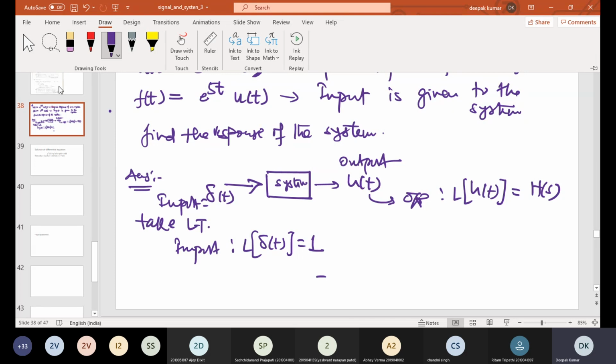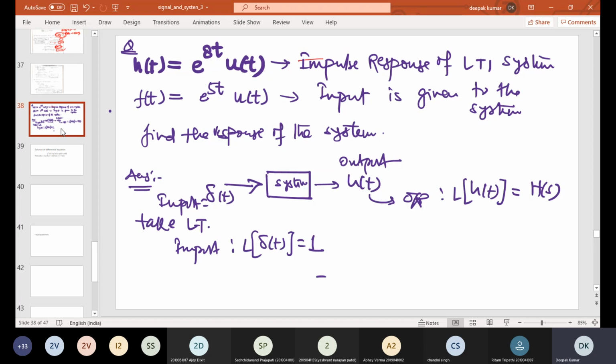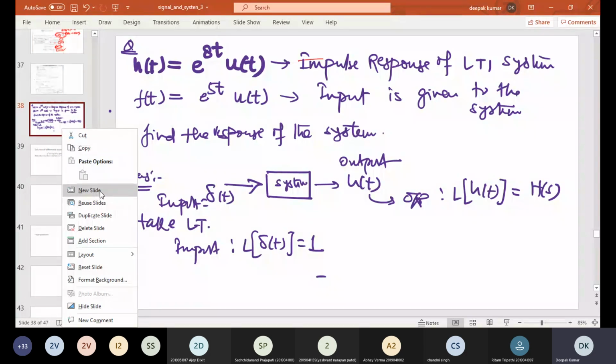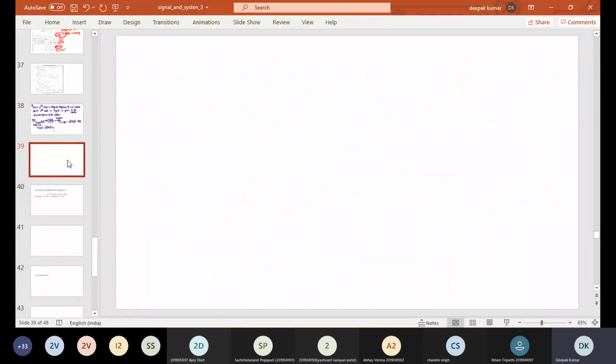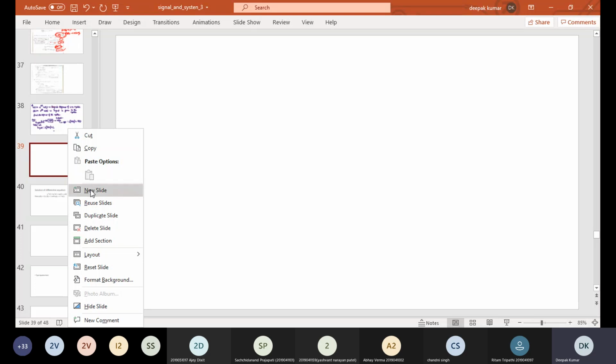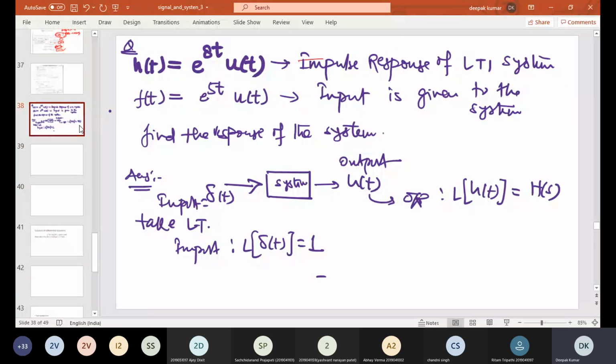Okay. See, after this, the input side of Laplace transform: input is delta function. Laplace transform of delta function is 1, and in the output side, Laplace transform of output is Laplace transform of h(t), that is H(s). Now do one thing here.